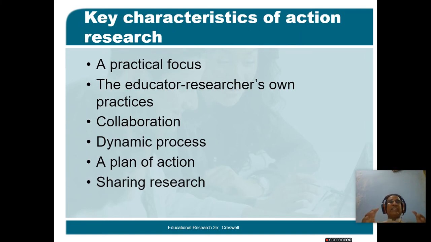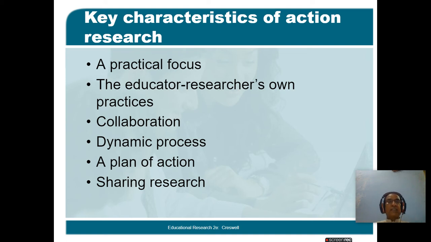Now we will discuss the key characteristics of action research. First, action research has a practical focus because it solves the problems of teachers and education. Another characteristic is that educators research their own practice. They collaborate, and it is a dynamic process. A researcher makes a plan.